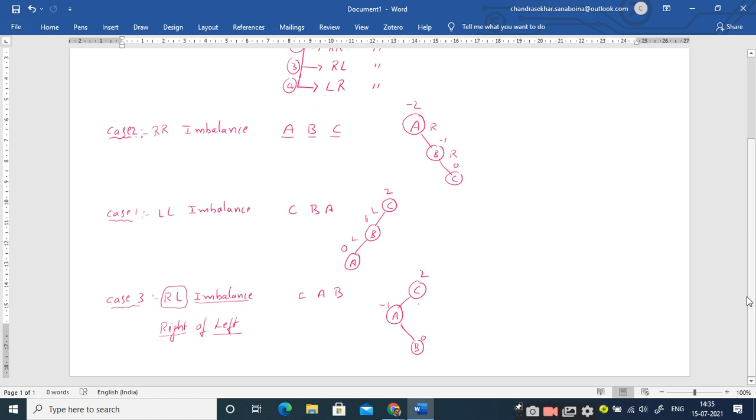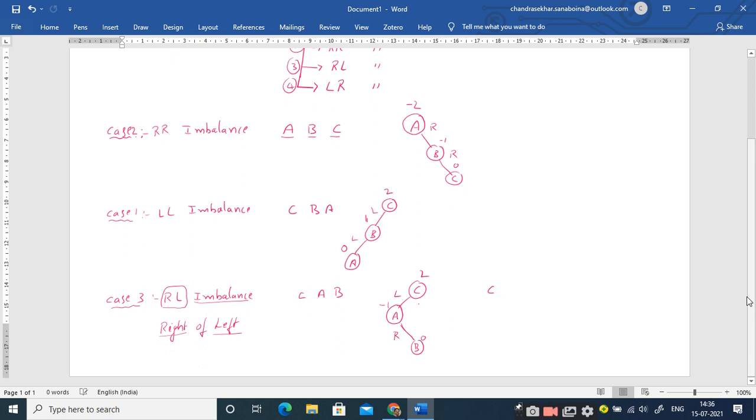I will tell you the solution for this particular imbalance. There we will get the LR rotation. Don't get confused. So even though this is LR, I have inserted the right child to the left of this A. So this is the right of left imbalance.